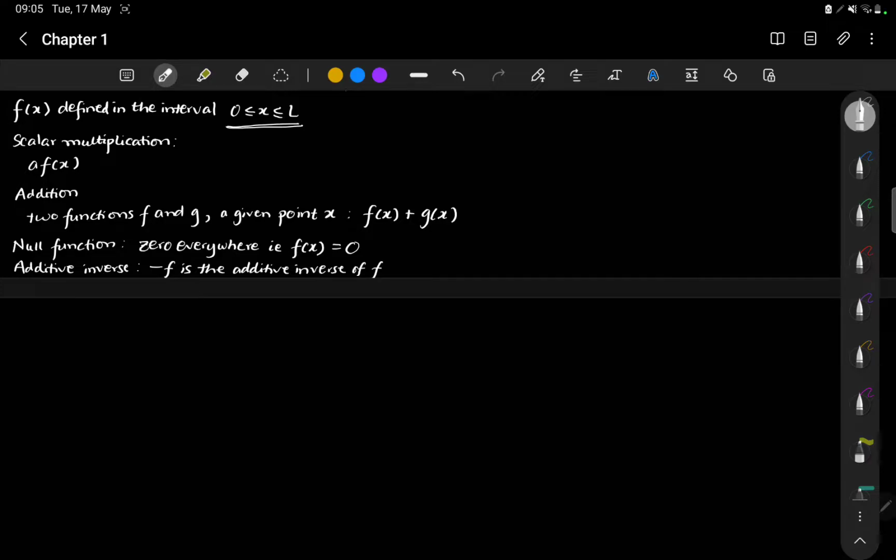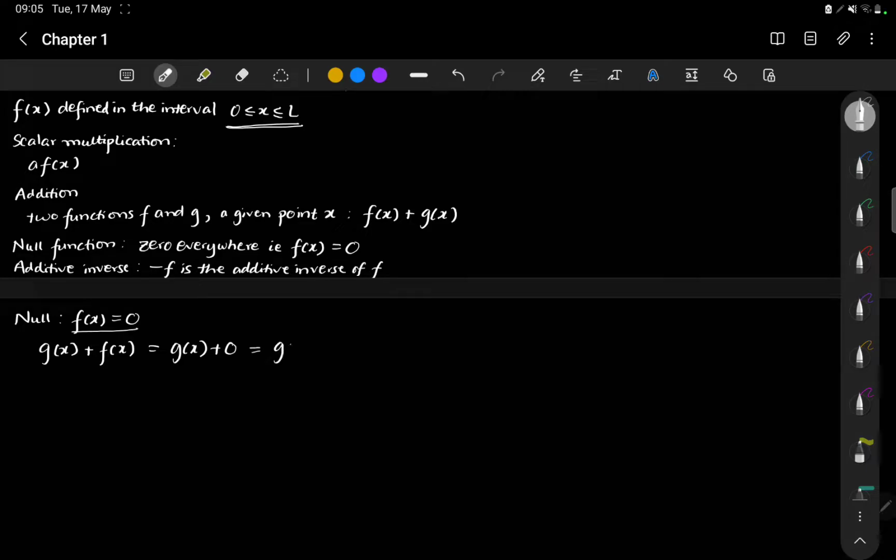And how is that? So let us look at this null function. So the null function says that f of x is equal to 0. Now if we consider some function, let's say g, so g of x plus f of x is what? g of x plus 0, because we are taking this null vector, null function.